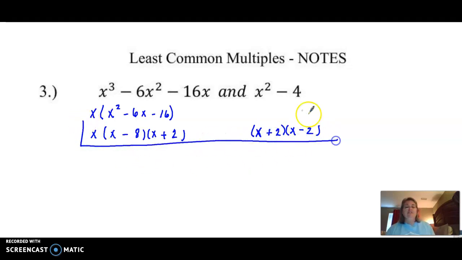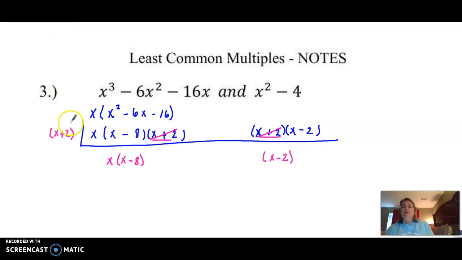Once everything's factored, we look for the common. Both of these have an x minus 2. So I will take my x minus 2 out. Sorry, x plus 2. When I take my x plus 2 out, I'm left with an x and an x minus 8. Here, I'm left with an x minus 2. No common factors.